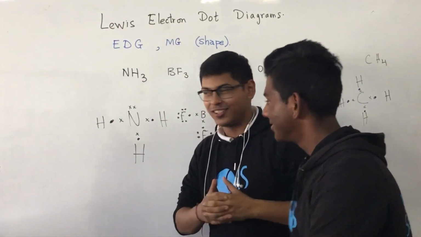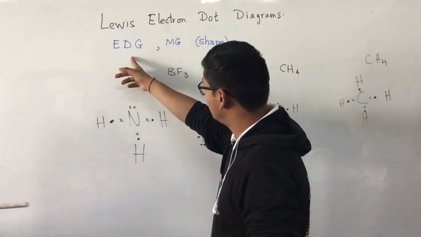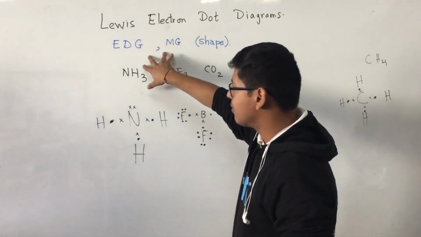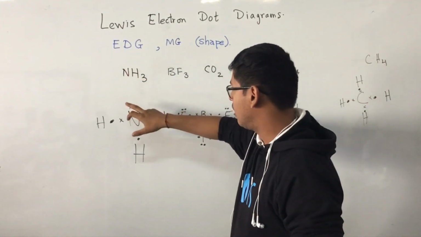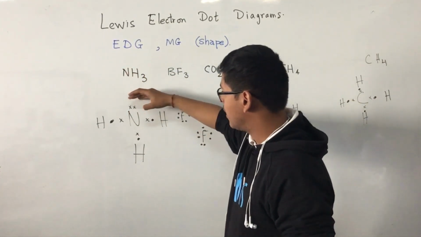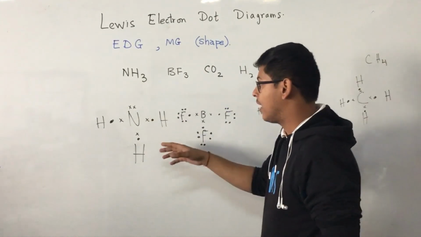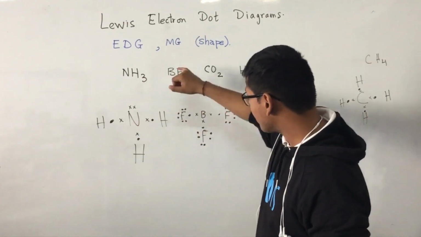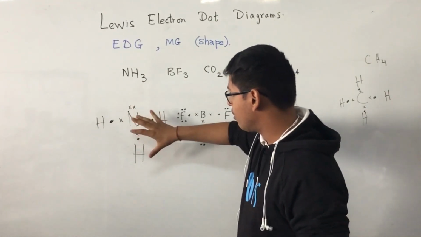Through this we can look into electron domain geometry and molecular geometry, and the difference is very much defined within the name. Electron domain geometry considers the electron domains, so it also considers the lone pair and how the lone pair affects the other bonds within the molecule. Molecular geometry looks at the atoms as a whole.